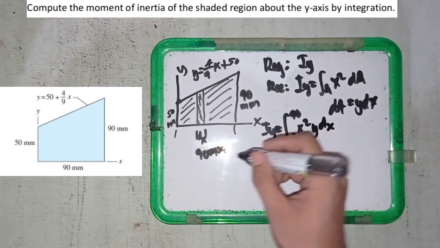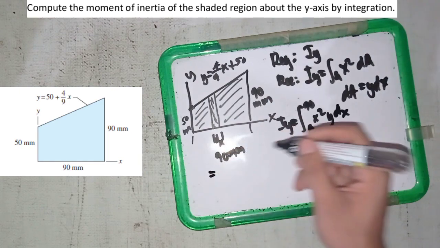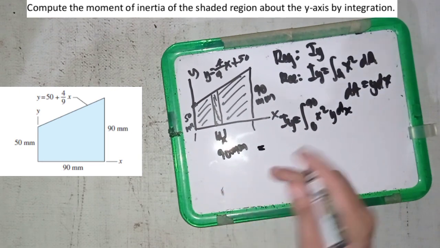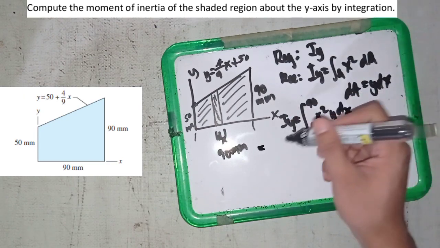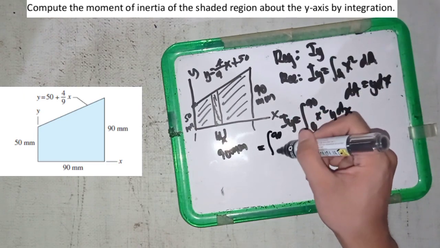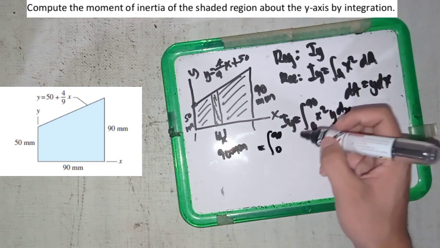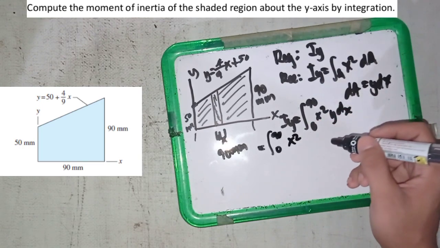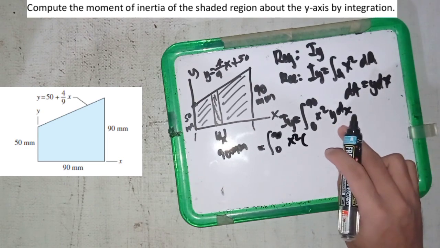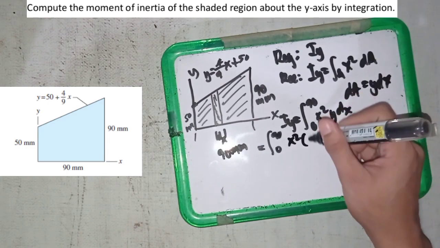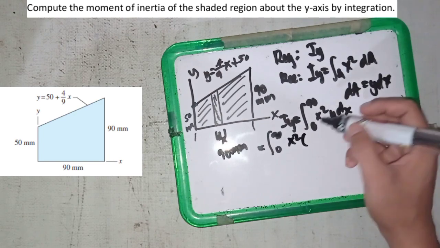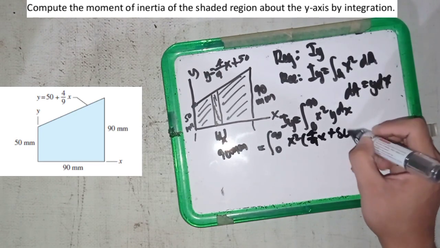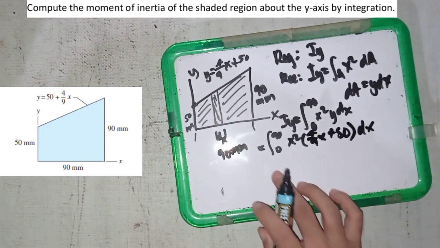So this will be equal to the integral from 0 to 90 of x squared, substituting the y expression, the formula for the slope, 4 over 9 x plus 50, dx.